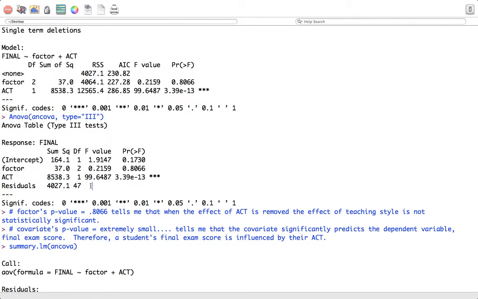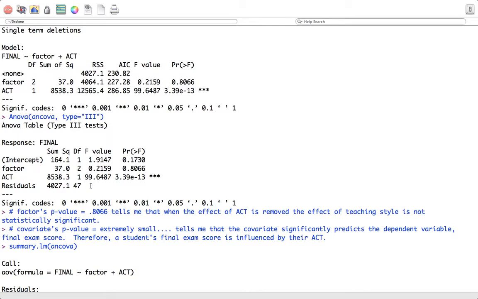what we're going to have, and I'm going to write on the blackboard, and then we'll go back to it in just a second. For the covariate, the sum of squares for the effect is going to be 8538.3. And of course, this is going to be over 8538.3 plus the residuals, which was 4027.1.